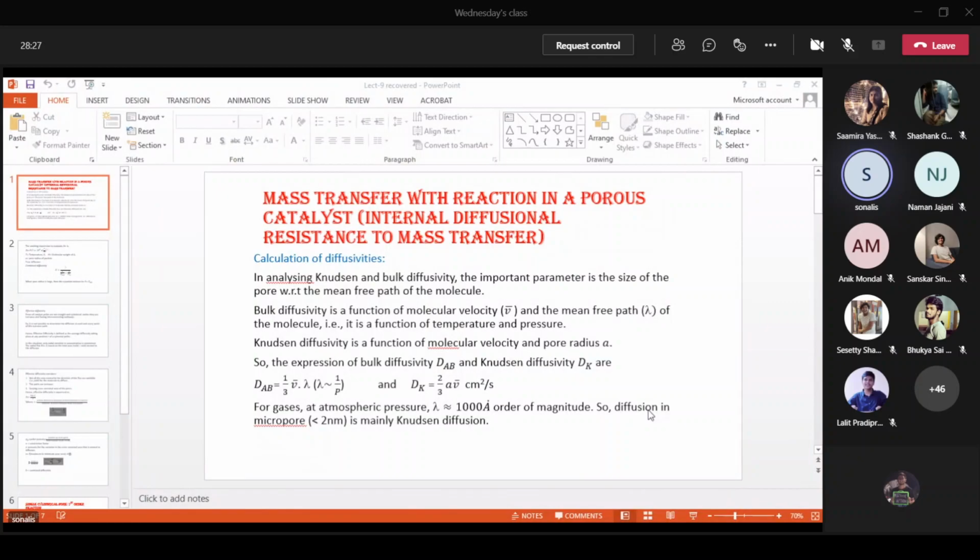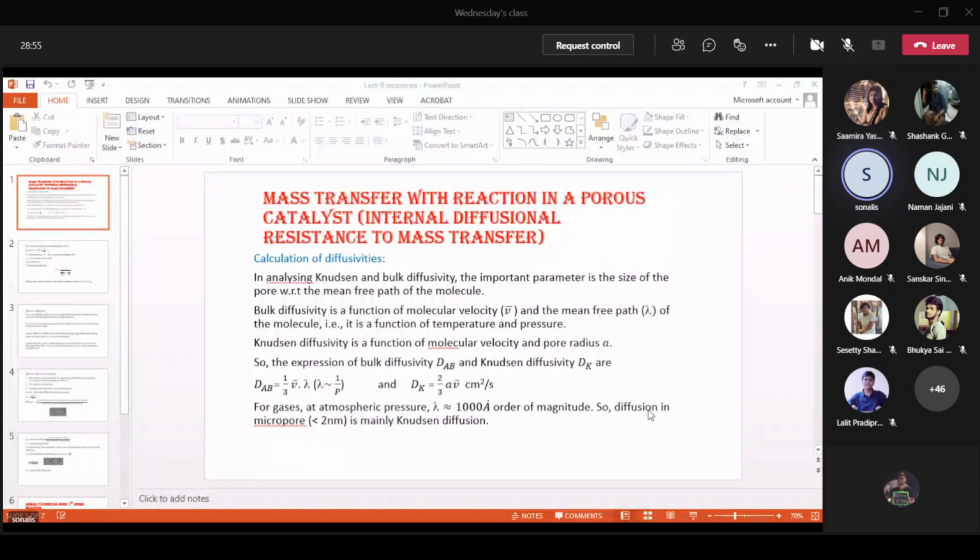Till the last slide, we were studying the external diffusional resistance to mass transfer. Now, after the reactant molecules come onto the external surface of the catalyst, they will try to go inside the pore to occupy the pore surface area, to get adsorbed on the pore surface area.